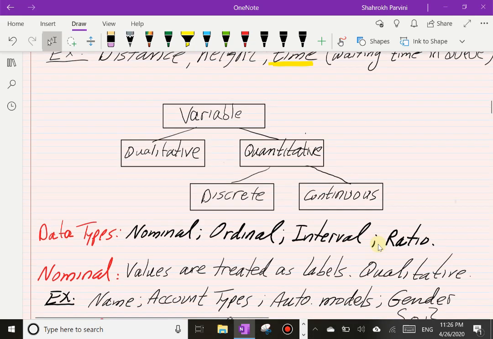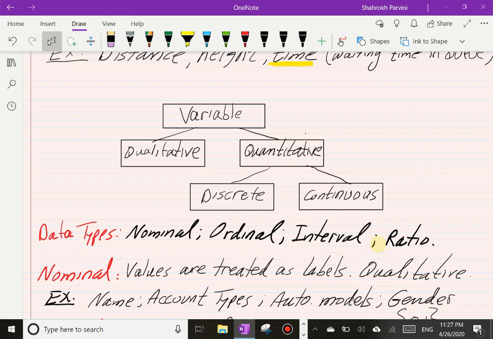Now, nominal data is pretty much a label for the variable. So these values are treated as labels. Like, for example, a person's name, Robert, Mary, Jeff, whatever the name might be. These are just labels. You cannot find an average name, for example.